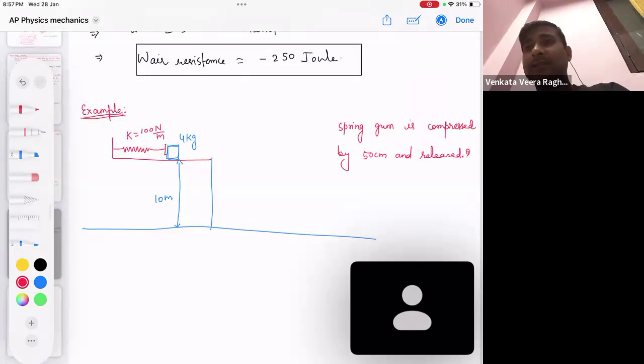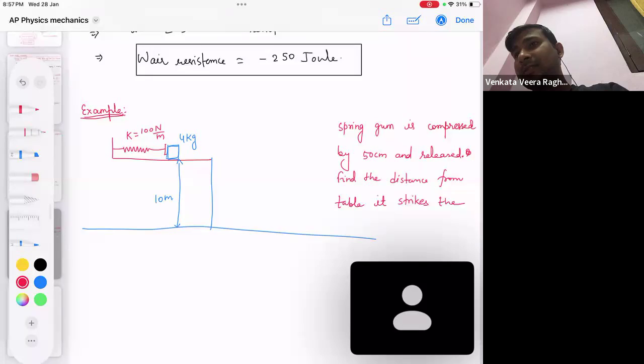Find the distance from the table where it strikes the ground. Another thing they can ask you in the question is with what velocity it strikes the ground.